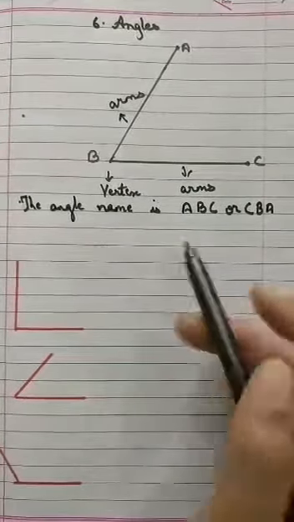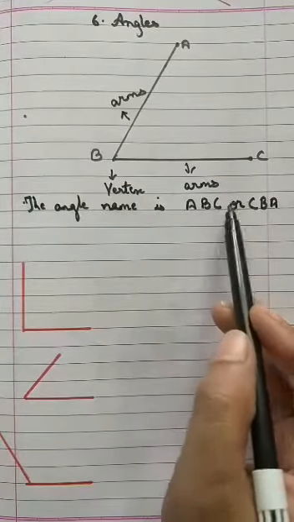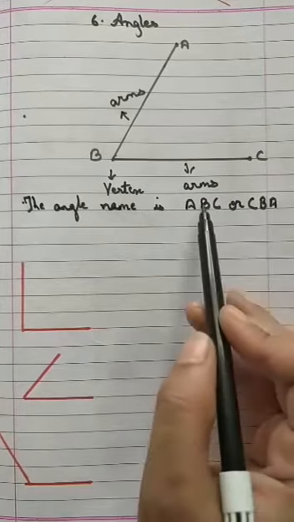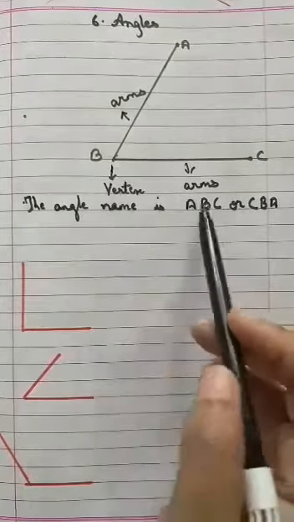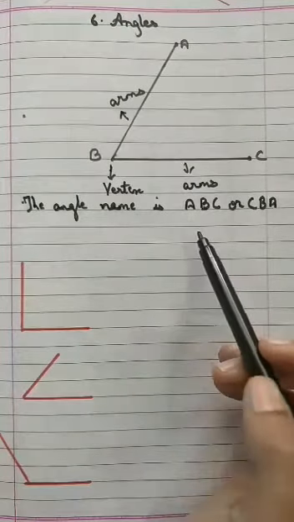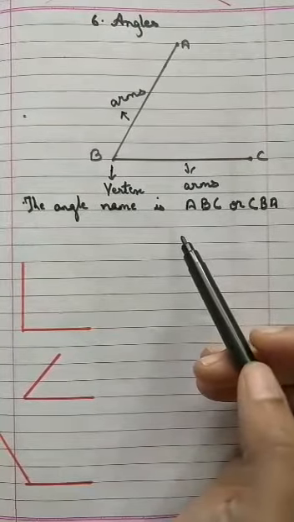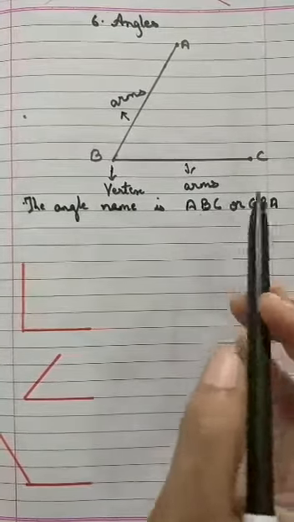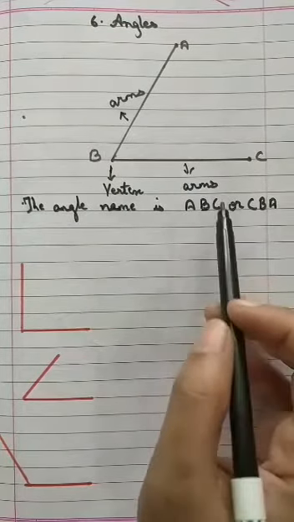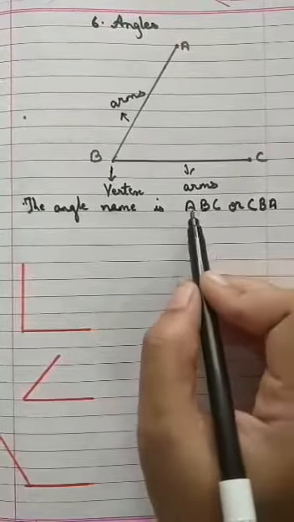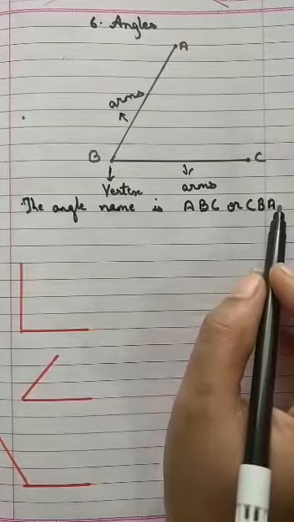Understood? B comes in the middle, that is the vertex. This is the way to write the name of the angle. While saying it, we say angle ABC. We will not say just ABC or CBA. We say angle ABC or angle CBA.